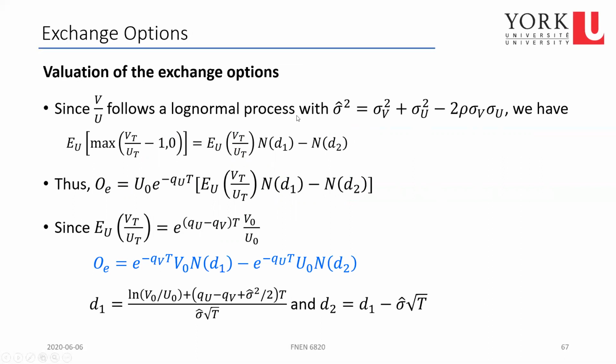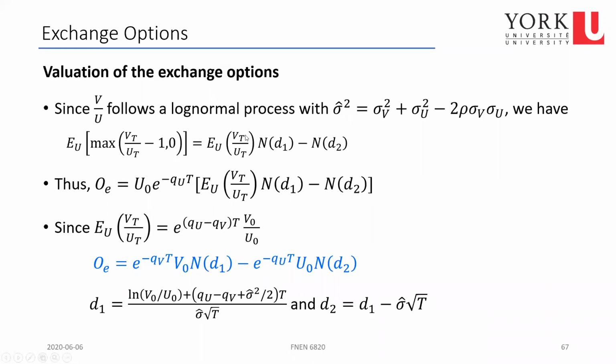In that log normal process, your sigma squared is really sigma V squared plus sigma U squared minus 2 times the correlation rho times sigma V times sigma U. Since the ratio also follows a log normal process, we have an expression directly for this expectation, which we have seen many times when dealing with the call price with the underlying asset following a log normal process.